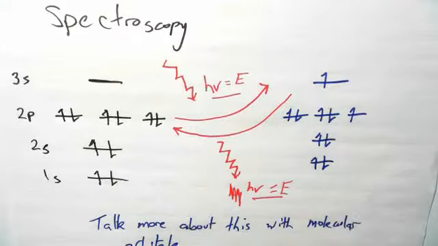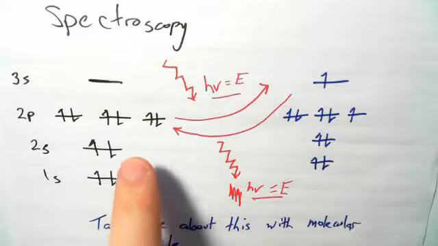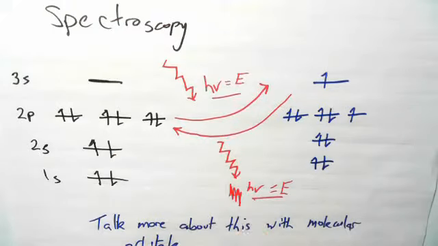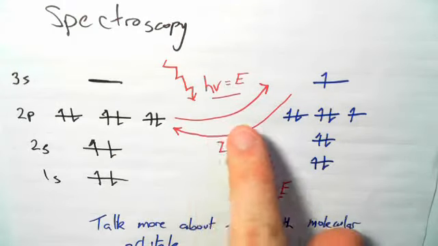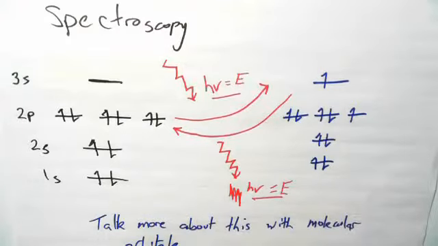Spectroscopy, like we were talking about before, is where either energy is absorbed from a photon or energy is emitted as a photon, and you get absorption and emission spectra from atoms and from molecules, characteristic to that atom or molecule. So this really shows you the orbital theory behind it, how when you're absorbing energy from a photon, so h nu, that's the Greek letter nu, not v, that's the energy of a photon.